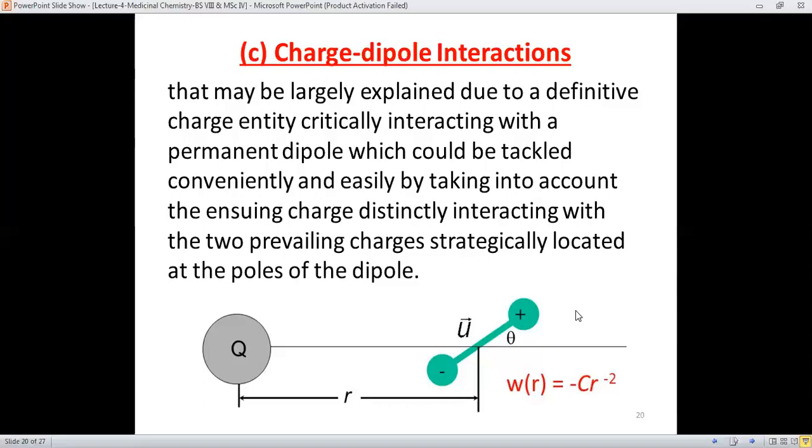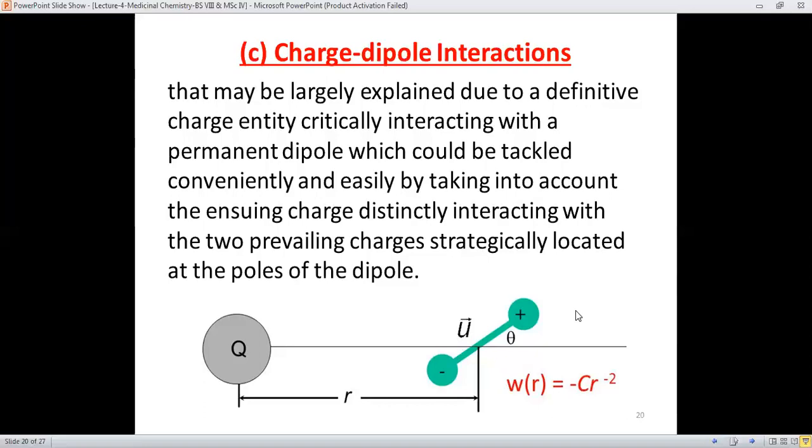and what's the strategy? Well, it's the location at the poles of the dipole. It means that if it's a charge q, it may bear the positive or the negative sign, but it's interacting with the dipole, which has definite positive and negative charges as in the case of permanent dipoles, and some nearby charge interacts with this permanent dipole.